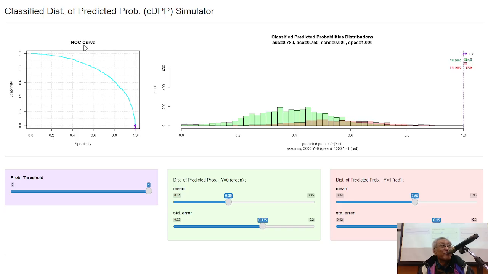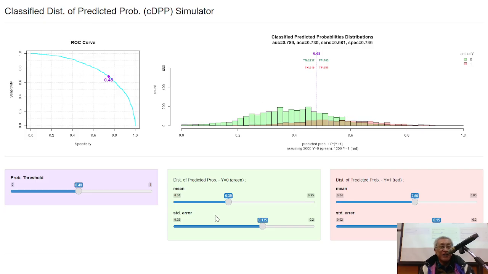This is not Republic of China, this is a coincidence. So this ROC curve is the curve when we change the threshold from 0 to 1, and the area under the curve is called AUC, area under curve.